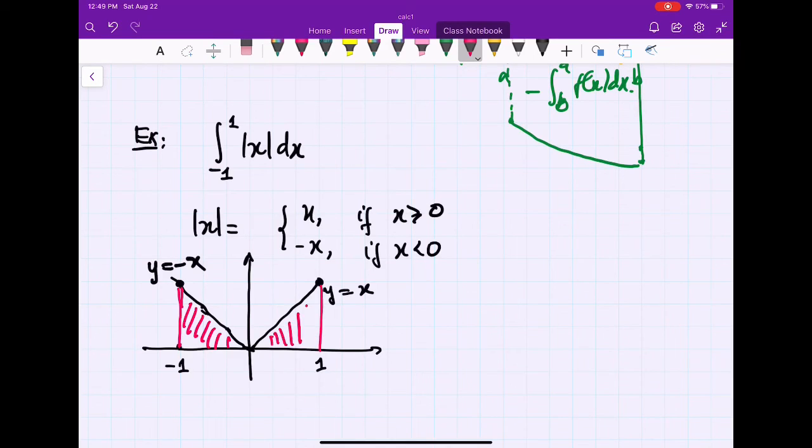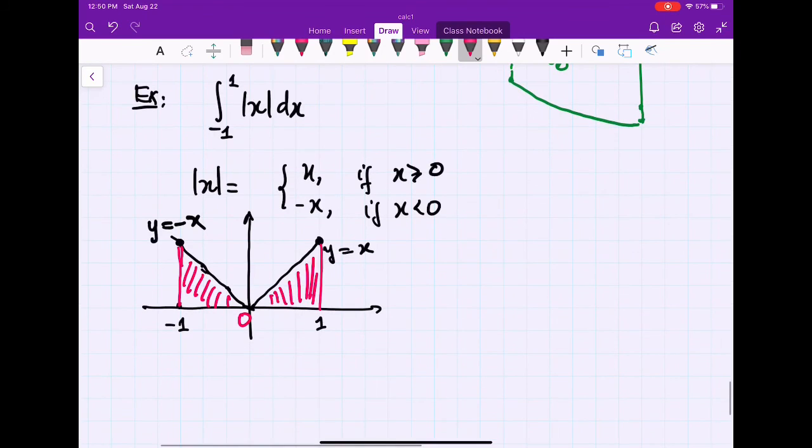So actually you have two regions in here. The first region corresponds to the interval -1 to 0. The second one is for 0 to 1. So you cannot evaluate this definite integral directly. You need to remove the absolute value first.